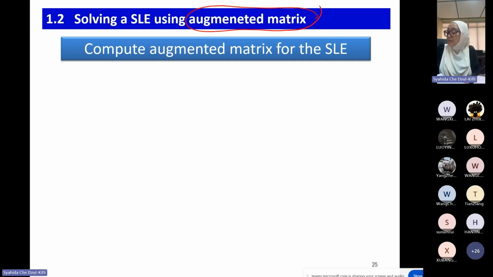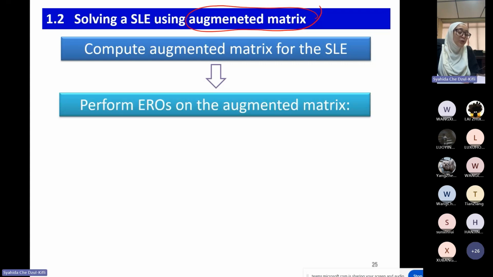Roughly, here are the step-by-step methods. First of all, we compute the augmented matrix for the system of linear equations that we want to solve. And then we perform something to the matrix. We perform elementary row operations. ERO is elementary row operations.